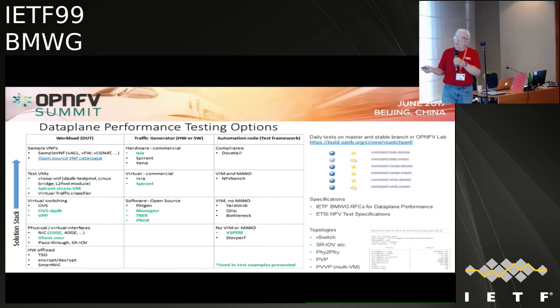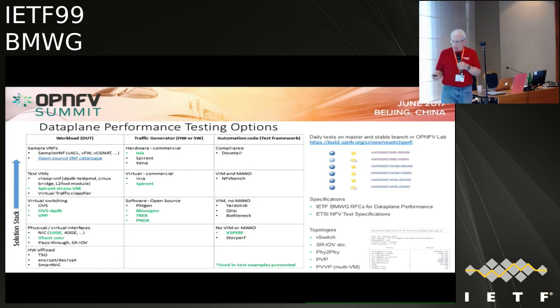We also have a virtual commercial one available to us, and we have 3 open source generators and receivers that we install on bare metal hosts, and again connect these through physical interfaces to the device under test. So that's key information for this. We can also do OVS and OVS-DPDK, and also the VPP versions of vSwitch, and some other things.